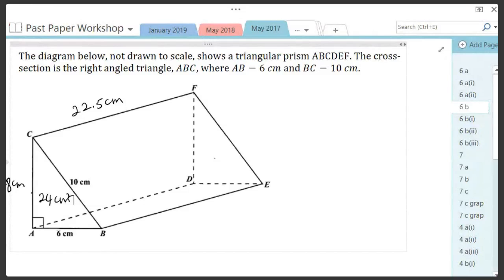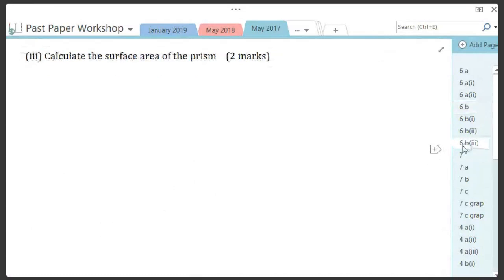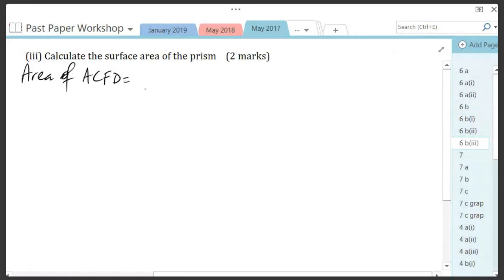All right, I'm going to start the working. It's a little bit much to write. So I'm going to write here that area of ACFD is equal to 8 centimeters multiplied by 22.5 centimeters, and this will give you 180 centimeters squared.